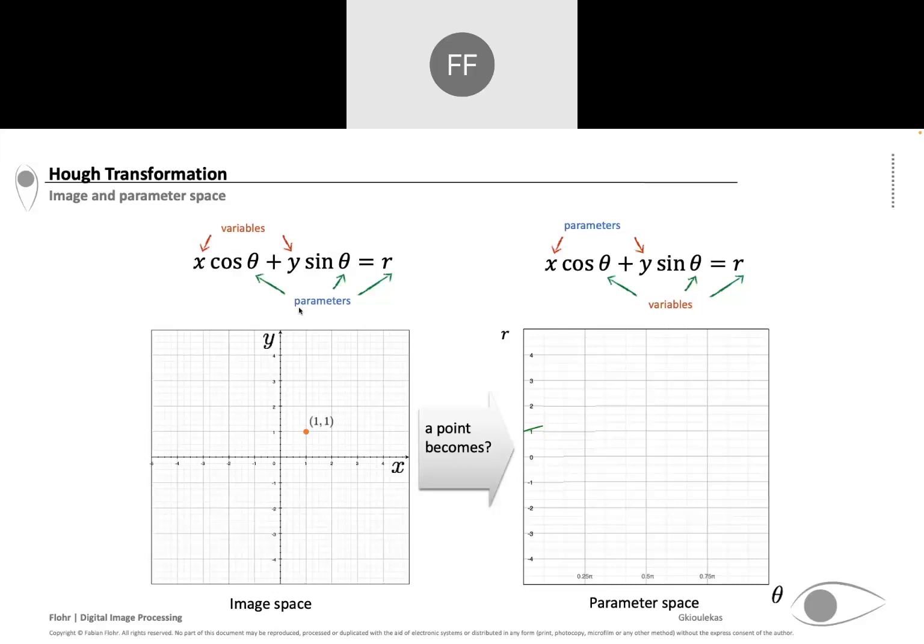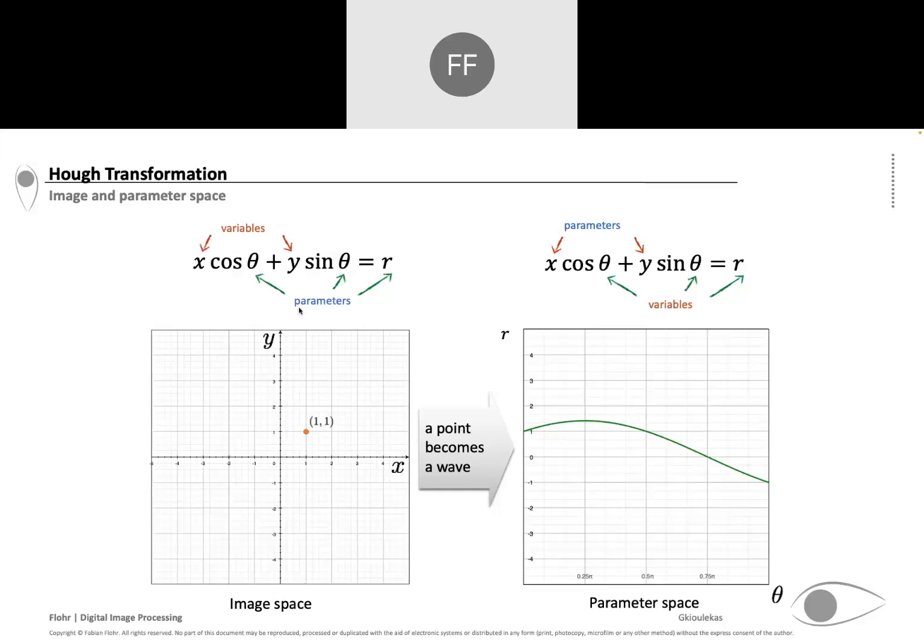So what would a point become here in a parameter space? Circle. Other opinions? Wave. Good. Yeah, so we have sine and cosine, right? And you define basically a wave here.